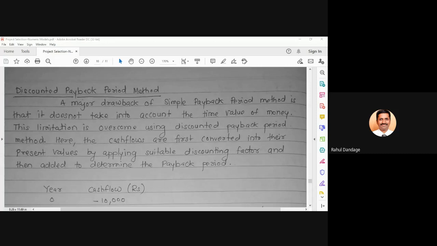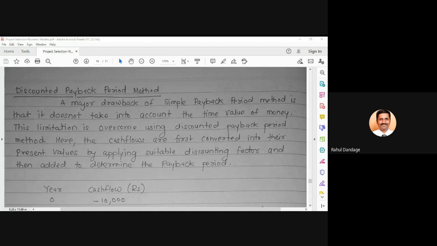In the previous session, we discussed the simple payback period method. In that method, we simply focus on two things: the investment, and in how much duration we get the investment back.